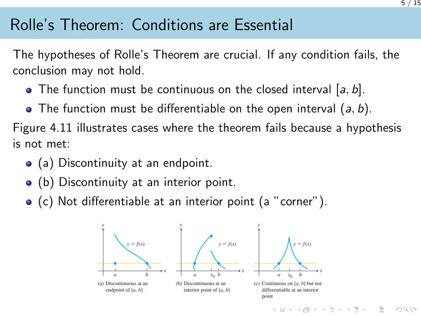The function must also be differentiable on the open interval. If it is not, the graph could have a sharp corner, like a V-shape. This sharp point allows the function to change direction suddenly, again avoiding any point where the tangent is horizontal and the derivative is 0. Therefore, you must always verify both the continuity and differentiability hypotheses before you can use the theorem.